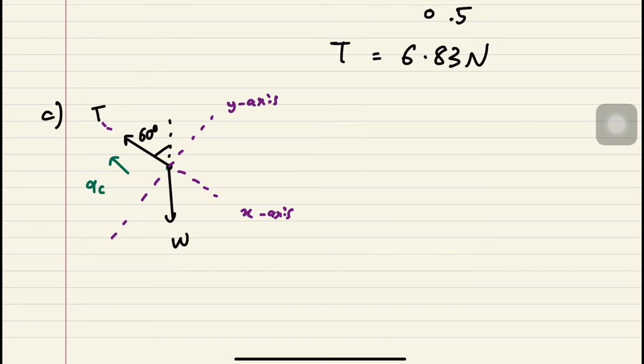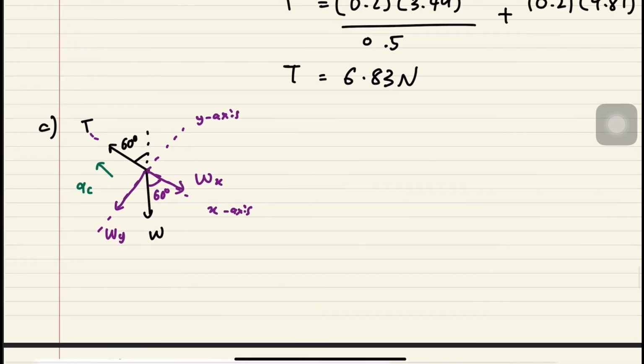If you do that, you can see that the weight is not on the x or y axis, so you have to resolve weight. If you resolve weight, you will get wy, because this one is the y axis, and this would be your wx, and the angle there represents this angle, 60 degrees.